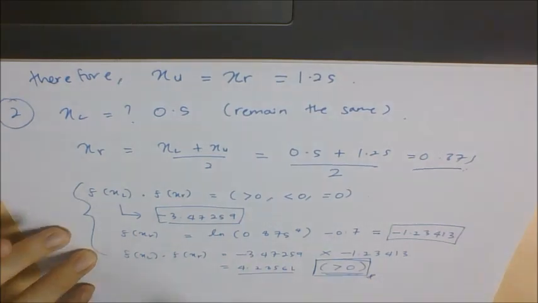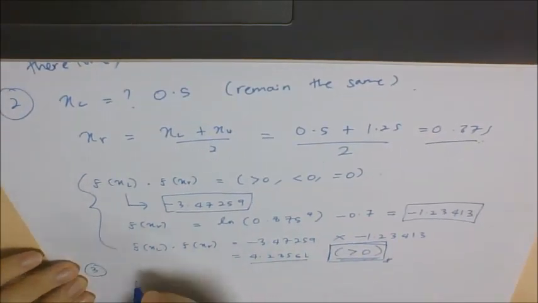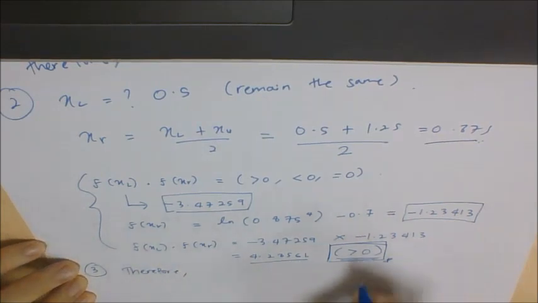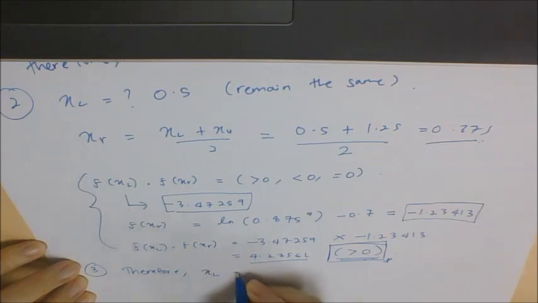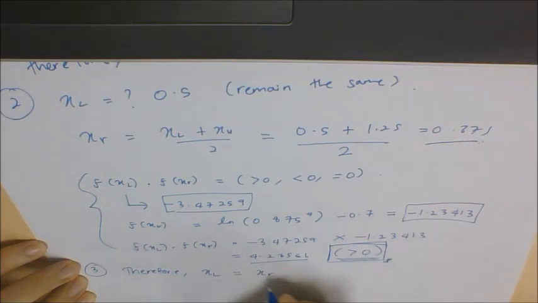You need to highlight this, maybe put it in a box. Okay, so next, the third iteration. Since your FXL times FXR is more than 0, you set your next XL to XR, which is 0.875.